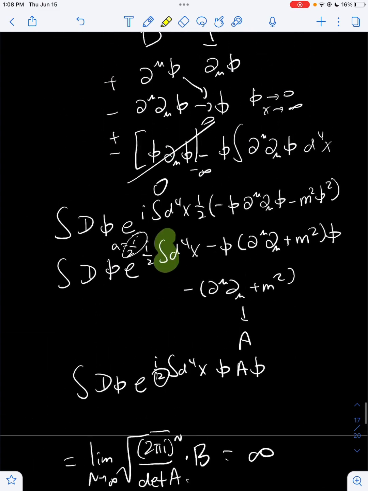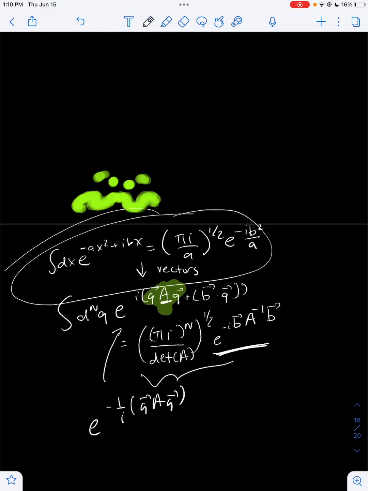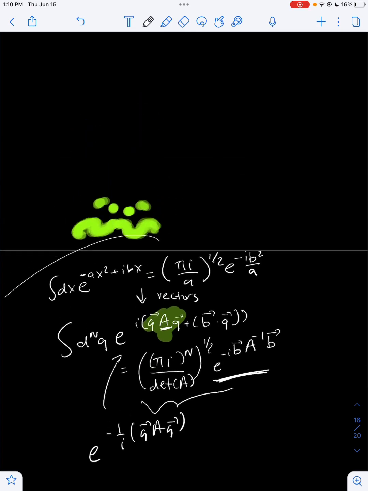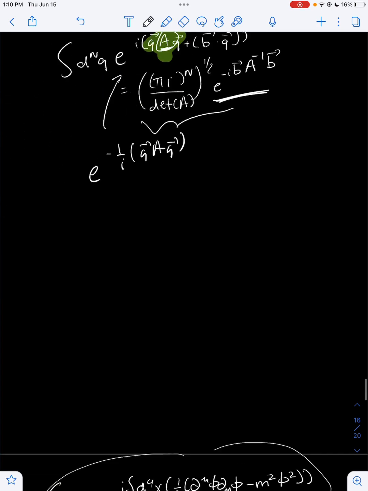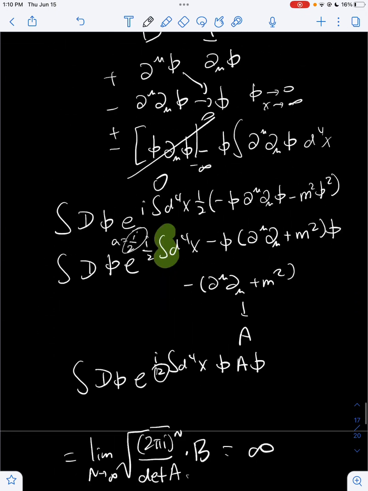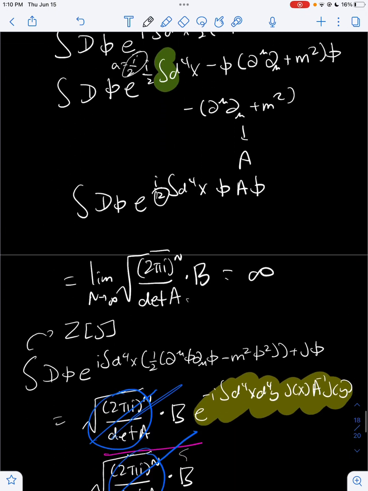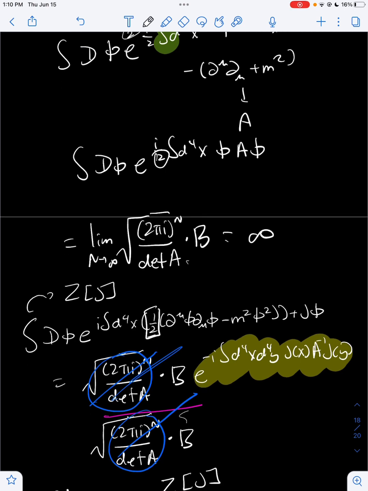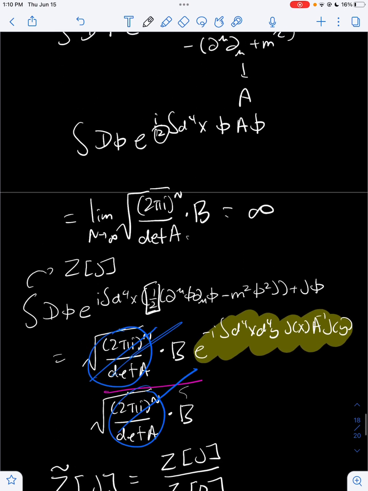The reason is here we had just e raised to the minus a x squared, and then we called A the actual operator. However, if you look at our path integral, we can see that we have a 1/2 over here, and 1/2 is part of the operator that we defined.